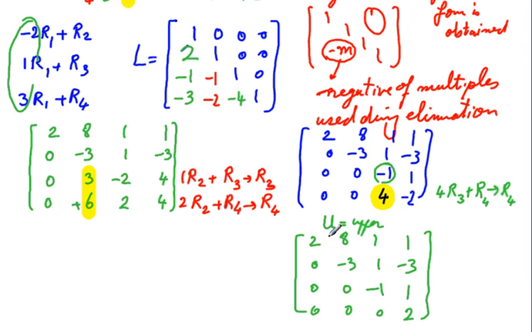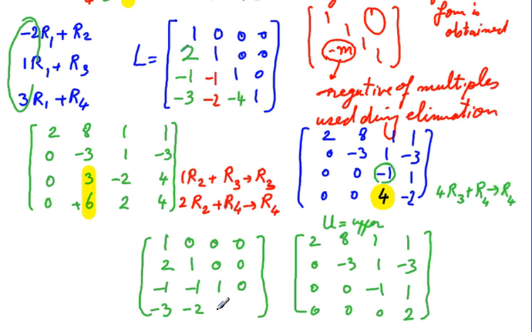Who's the lower matrix? This guy that we create little by little out of the multipliers being made negative, that's our lower. So we write it here next to this guy. 1, 0, 0, 0, 2, 1, 0, 0, -1, -1, 1, 0, -3, -2, -4, 1.